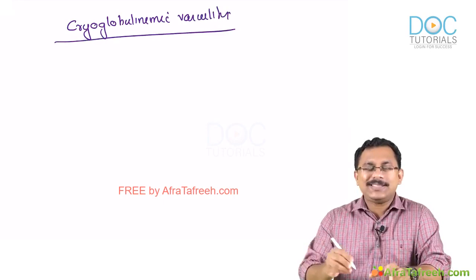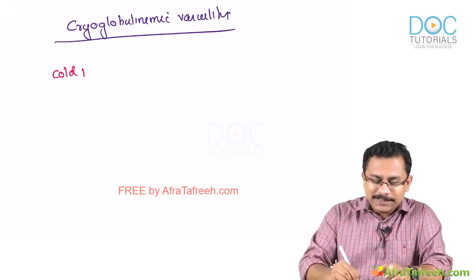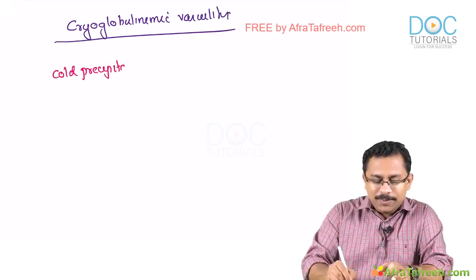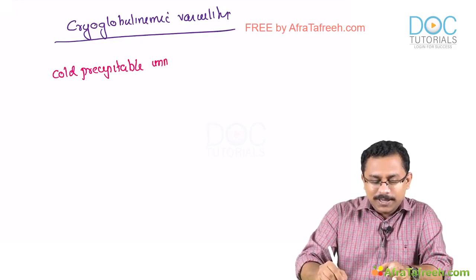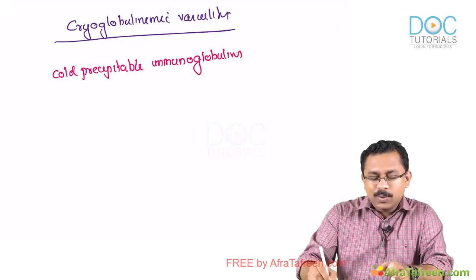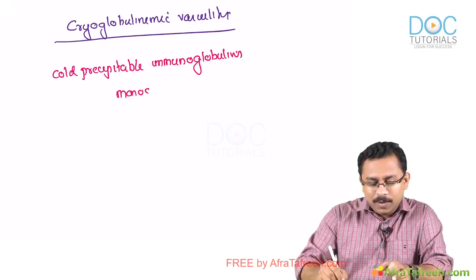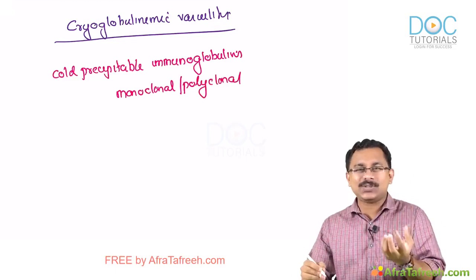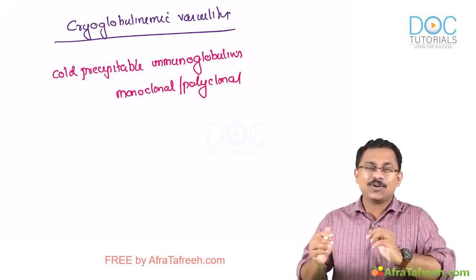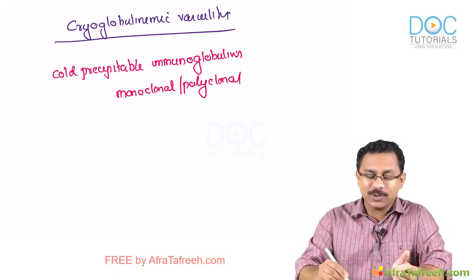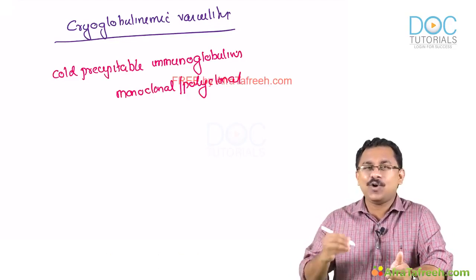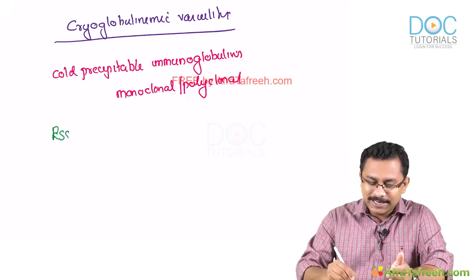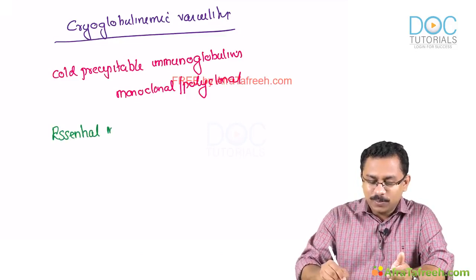Cryoglobulins are cold precipitable immunoglobulins which can be either monoclonal or polyclonal. And these cryoglobulins are associated with vasculitis. That is when you call it cryoglobulinemic vasculitis. Another term for cryoglobulinemic vasculitis is essential mixed cryoglobulinemia.